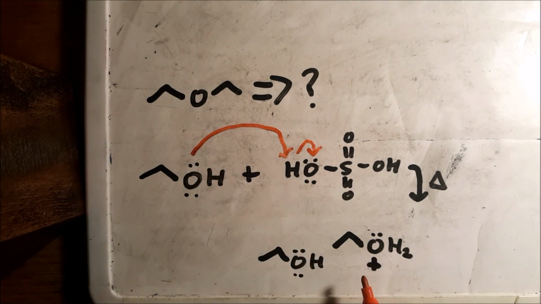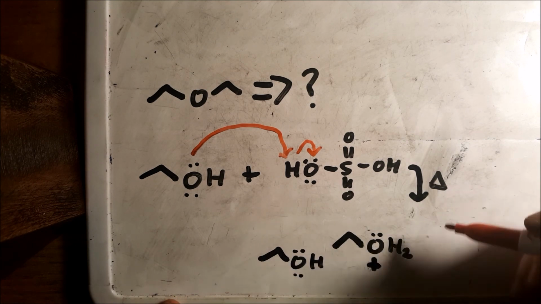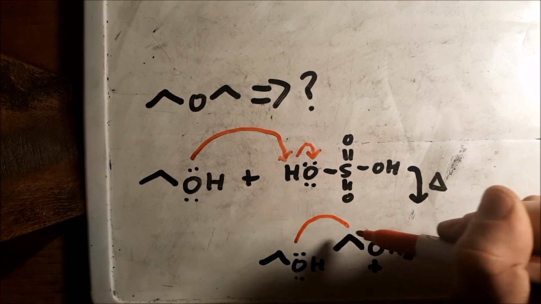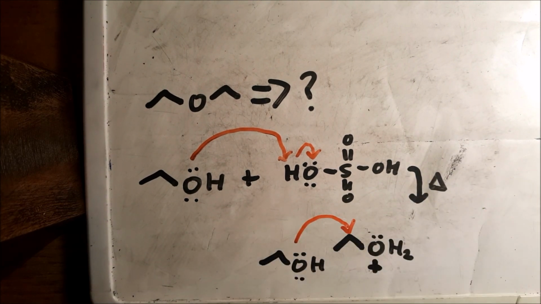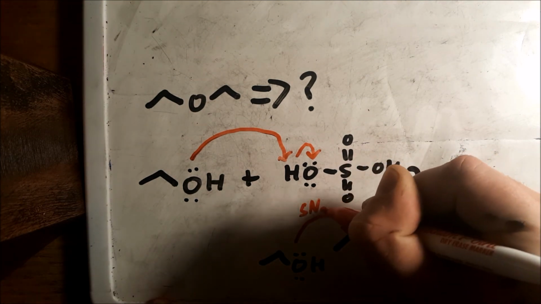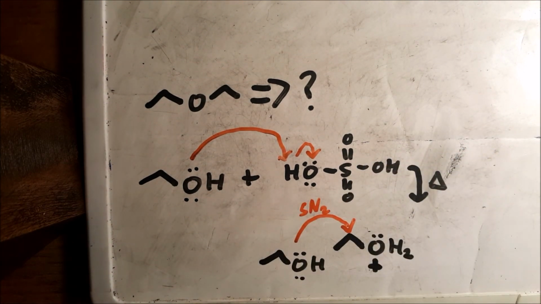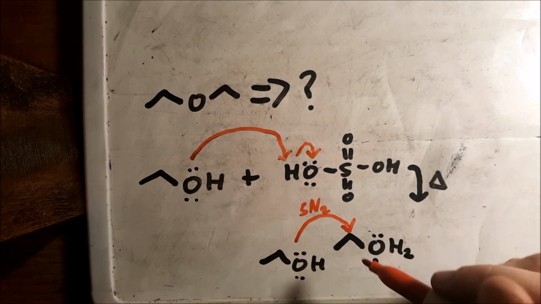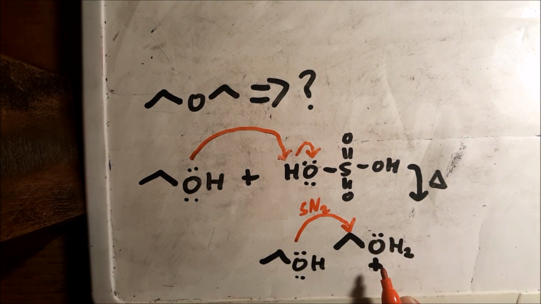Watch, I will draw it right now. There we go. So that's going to attack the carbon that the oxygen is bonded to, and it's going to bump out the oxygen. This is called SN2, but don't worry about that. That's just the name of the reaction.